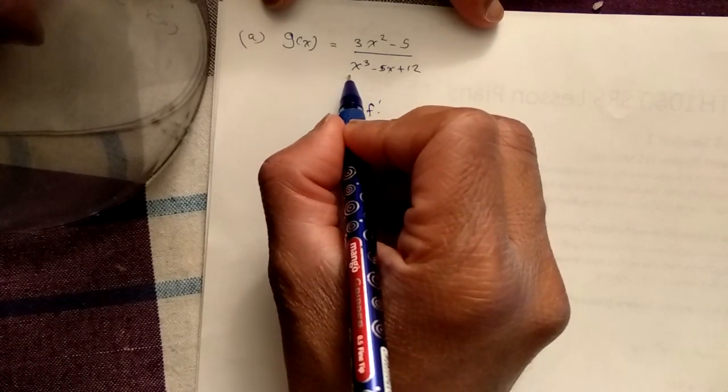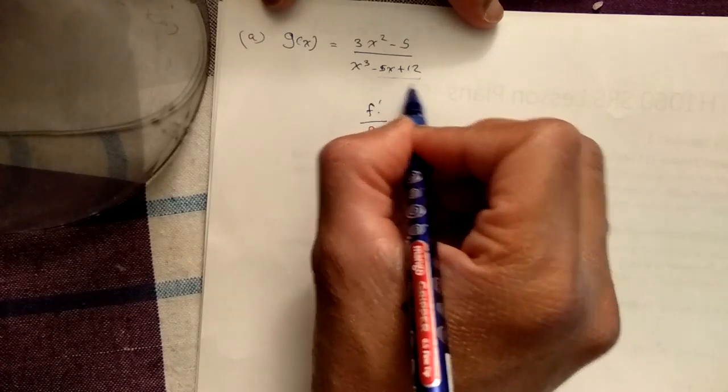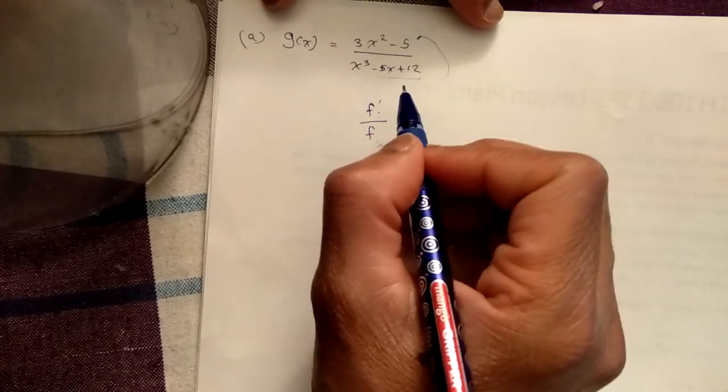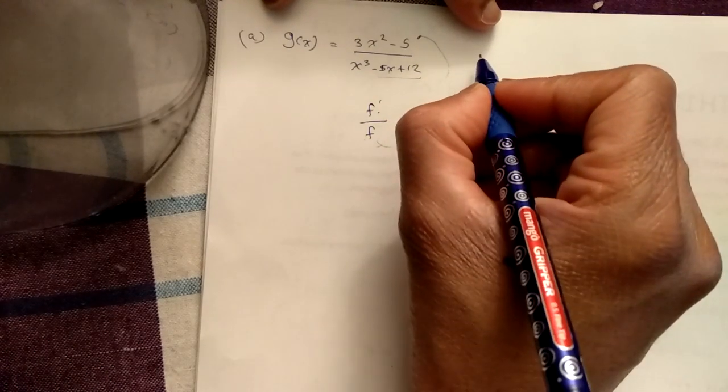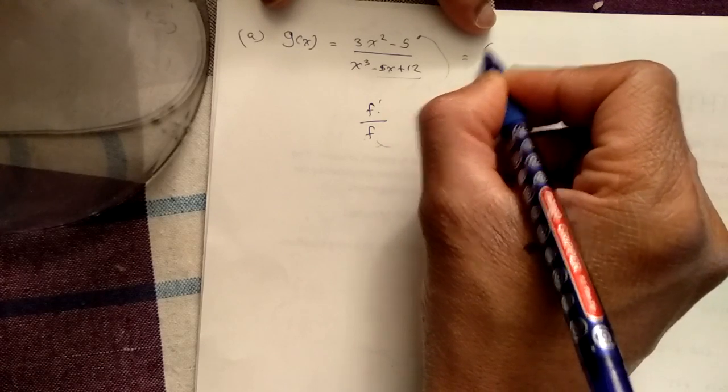When you differentiate the denominator, we can see that they have directly given the derivative of the denominator as the numerator.